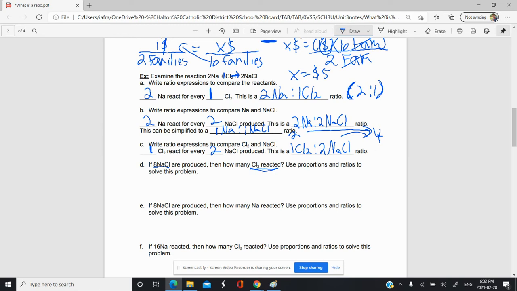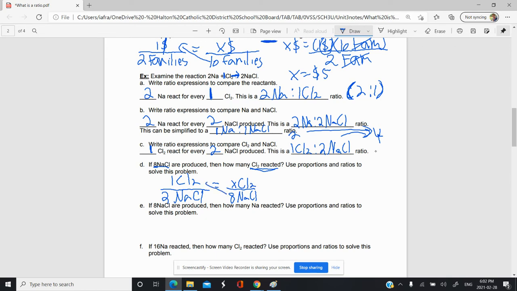So based on our equation, we know we get 1 Cl2 for every 2 NaCl. And in our situation here, let's have my ink dried out. Let me retry that. In our situation here, we want to figure out, suppose we had 8 NaCl, keep that at the bottom there. How many Cl2 would we have had?